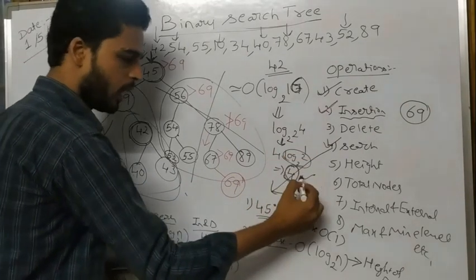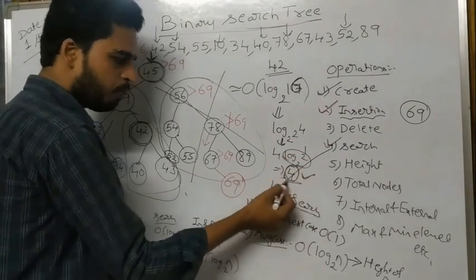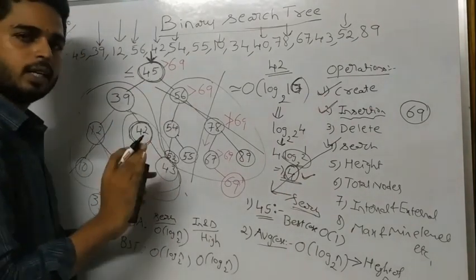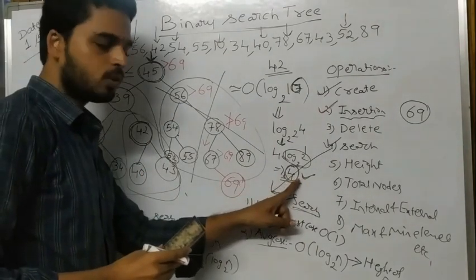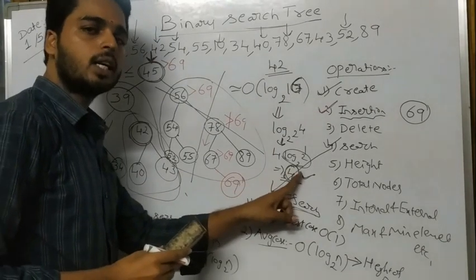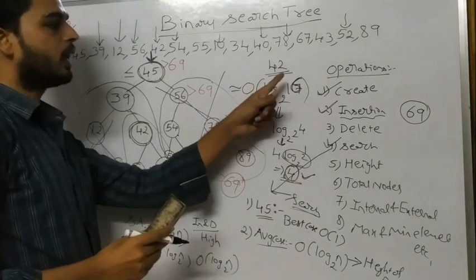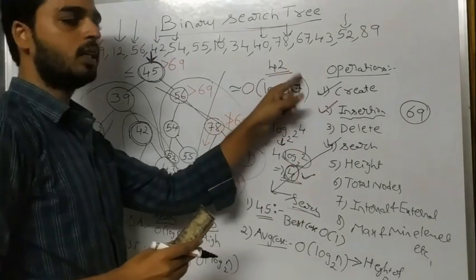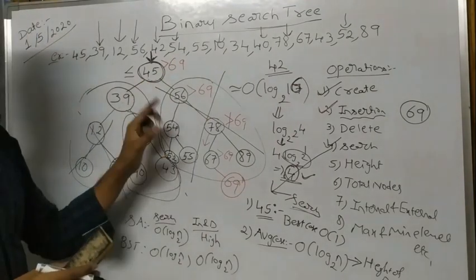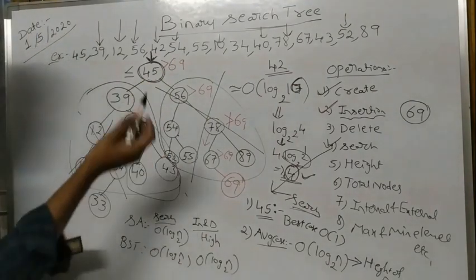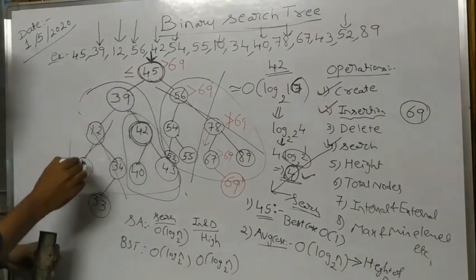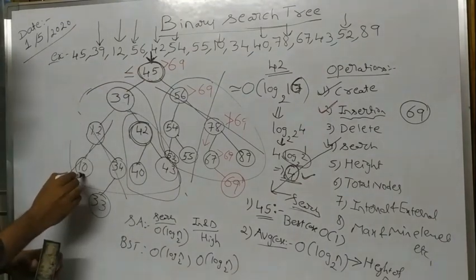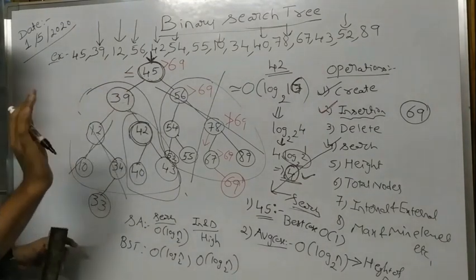The meaning of this value 4 is this binary search tree will take at most 4 comparisons in order to determine whether the required search value 42 is present in the binary search tree or not. That's it. So this 4 means the height of the binary tree. 1, 2, 3, 4. Maximum. So it is going to take only 4 comparisons.